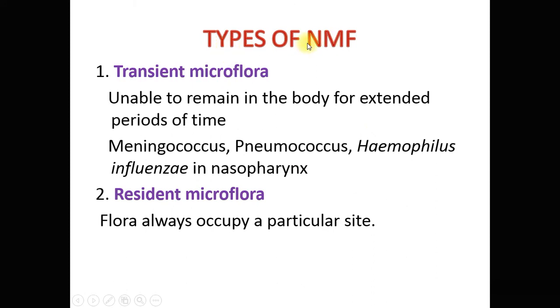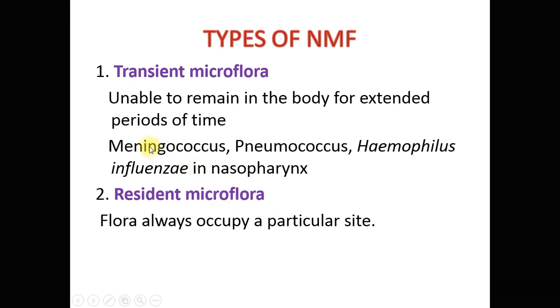The NMF can be classified as transient microflora and resident microflora. Transient microflora means these are the microorganisms which are present as NMF for a very short duration. They cannot remain in the body for a long duration because they get competition from the permanent flora, which is the resident flora.